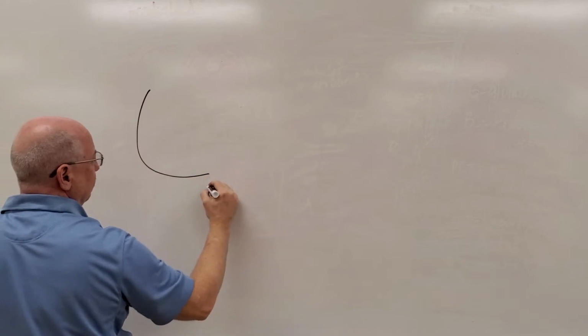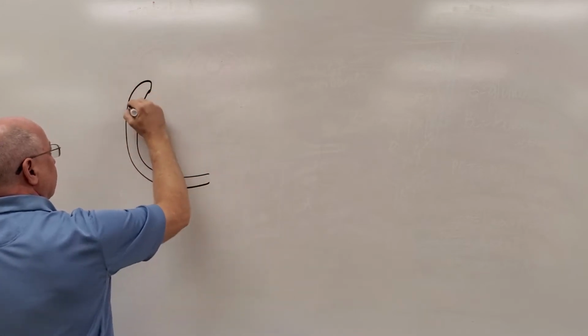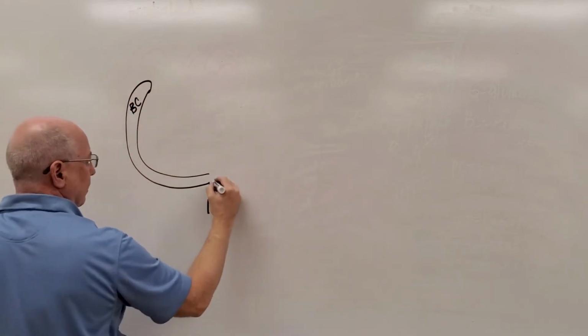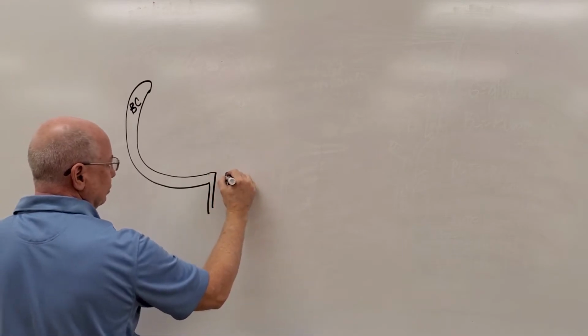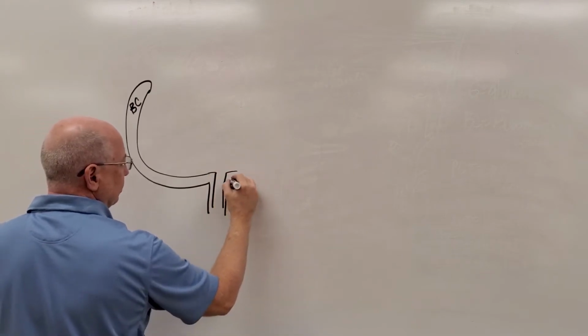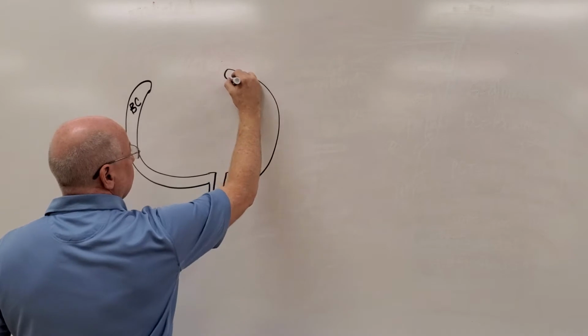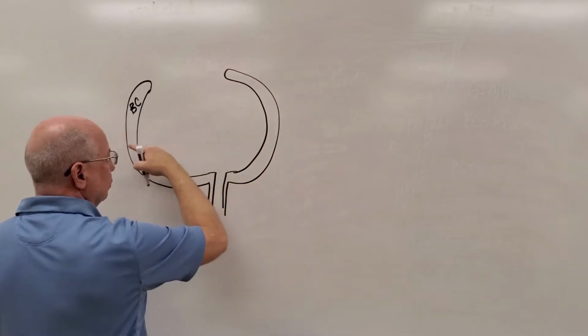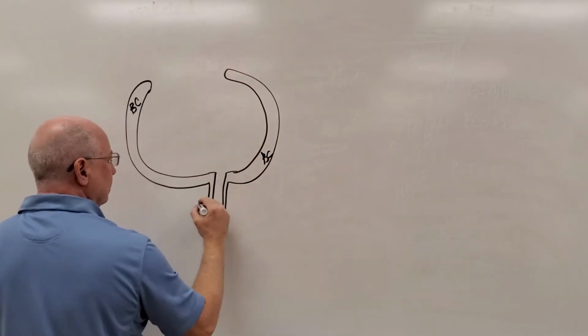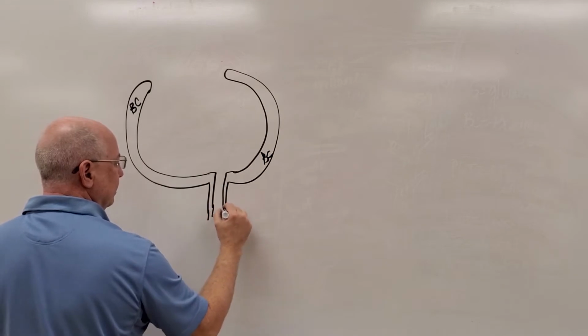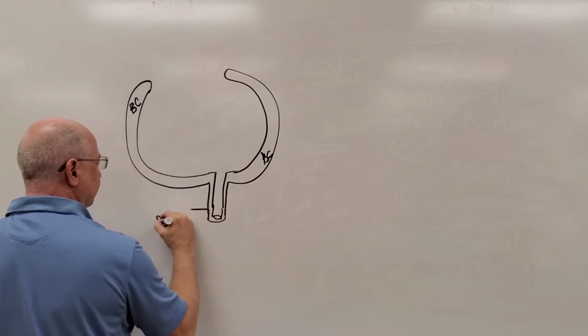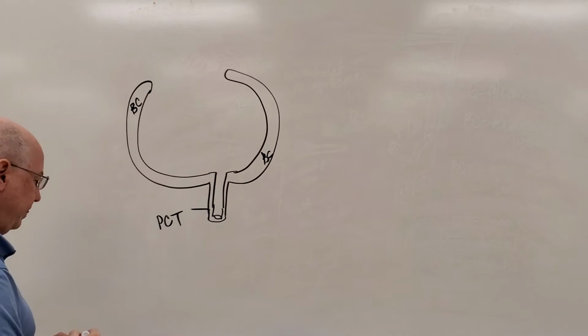So, here's my Bowmans capsule. I'm going to use some of the same abbreviations that I used in the last drawing. So this is all Bowmans capsule. This tube coming out here is going to be our proximal convoluted tubule.